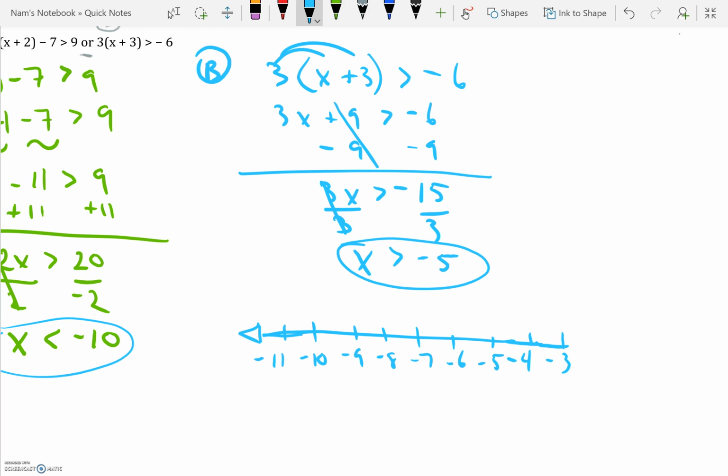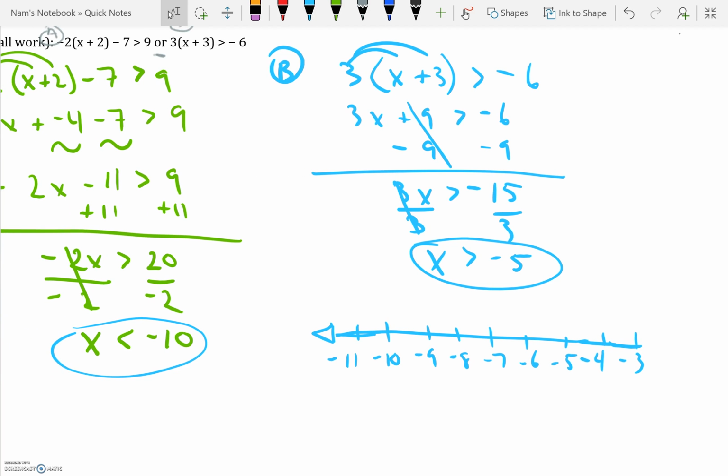You can keep going if you want. And I'm just going to graph each one. The first one says x is less than negative 10, and that is a less than sign, not less than or equal to, so it's an open circle. Open circle at negative 10, and then all the numbers that are less than negative 10 go to the left of that. The second one is all the solutions that are greater than negative 5, but not including negative 5.